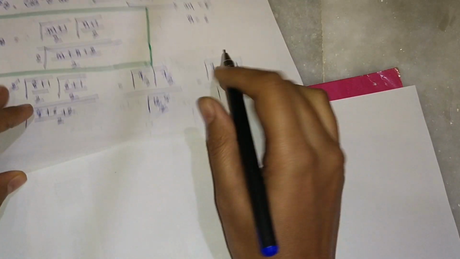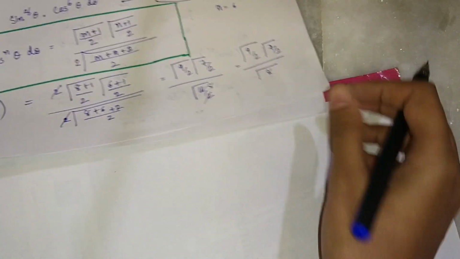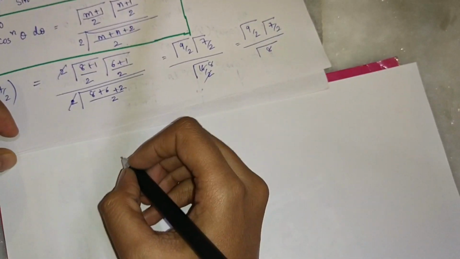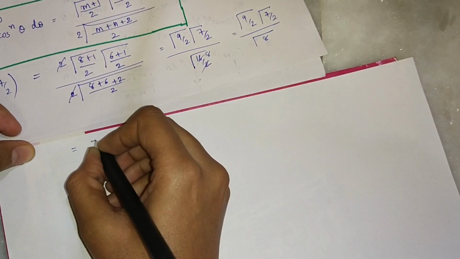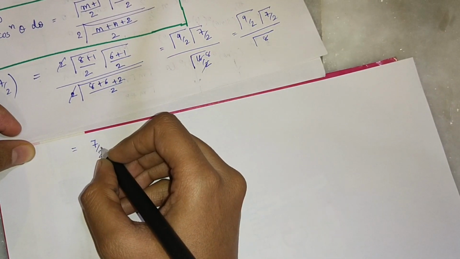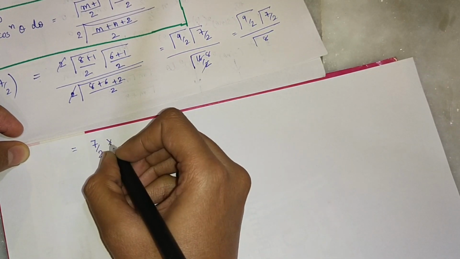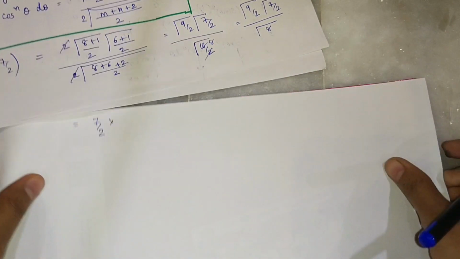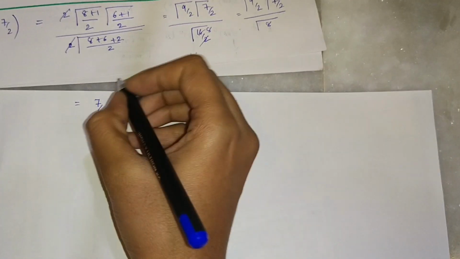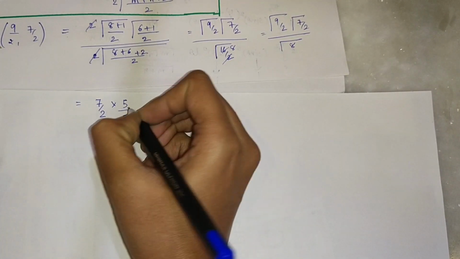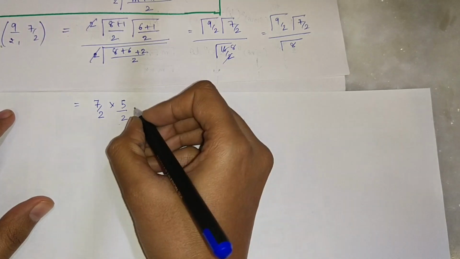So 9 by 2 minus 1 is 7 by 2. So you have to write here 7 by 2. Again 7 by 2 minus 1 is equal to 5 by 2. So again you have to write 5 by 2. Again 5 by 2 minus 1 is equivalent to 3 by 2.